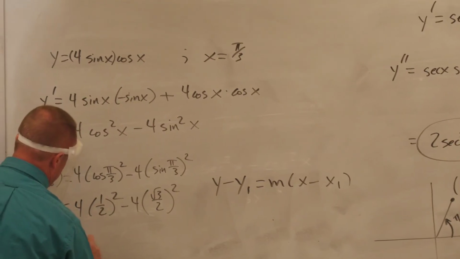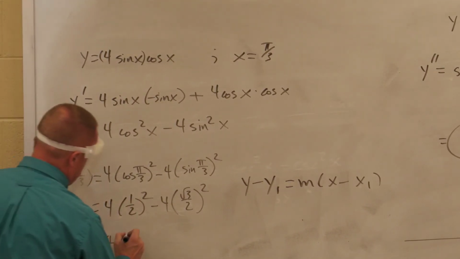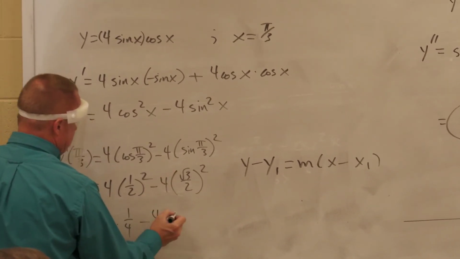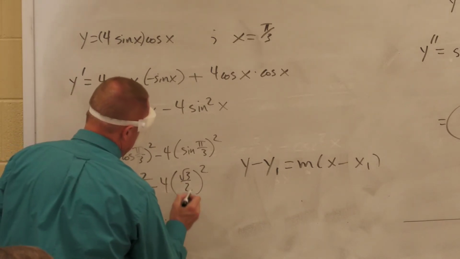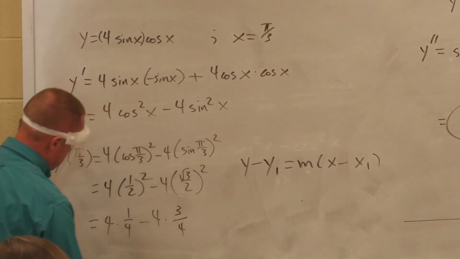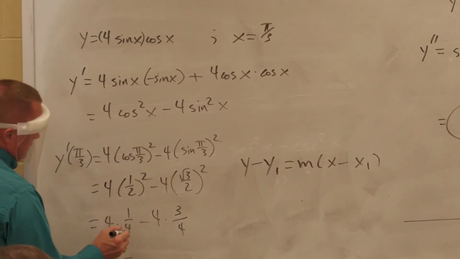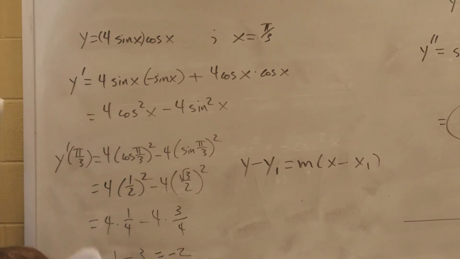So this will be 4 times 1/2 squared. 1/2 times 1/2 is a 4th. All right, root 3 over 2. If I square root 3, I get 3. If I square 2, I get 4. 4 times a 4th is 1. 4 times 3/4 is 3. So 1 minus 3 is -2. So my slope of the tangent line should be -2.